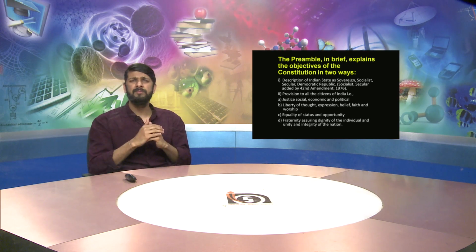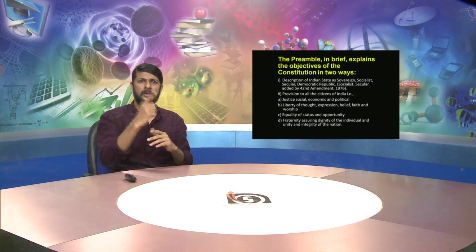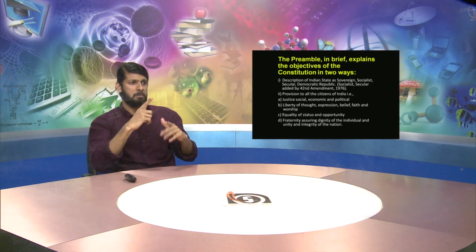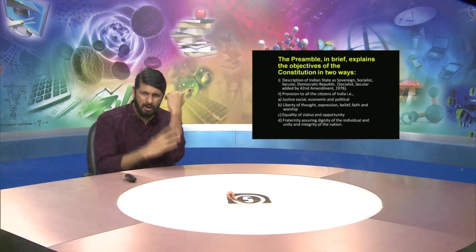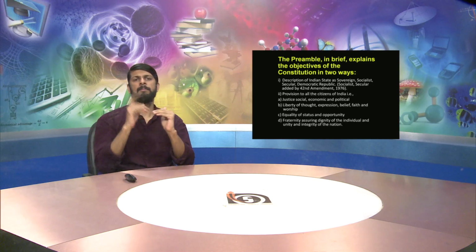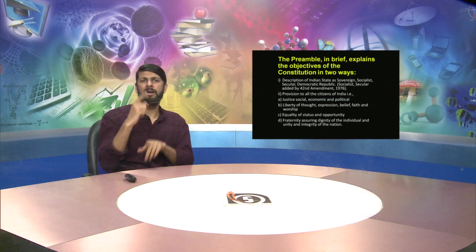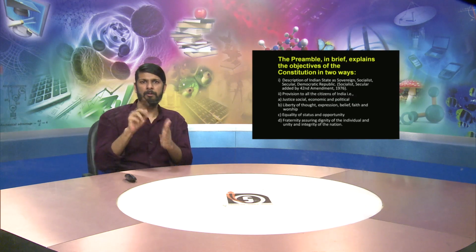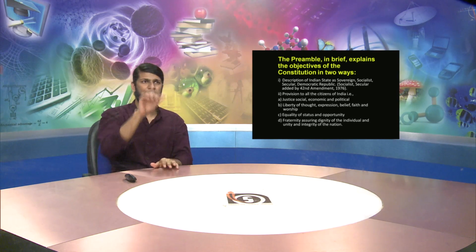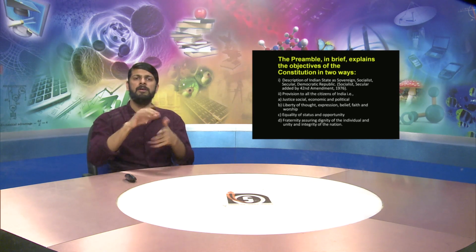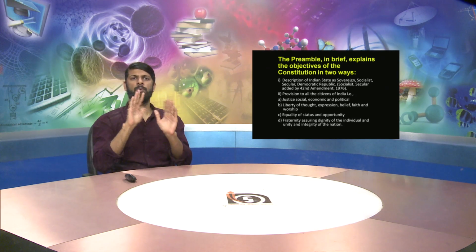The next point is equality of status and opportunity. Anyone, rich or poor, must be treated equally. And the next point explains the fraternity assuring dignity of the individual and unity and integrity of the nation.